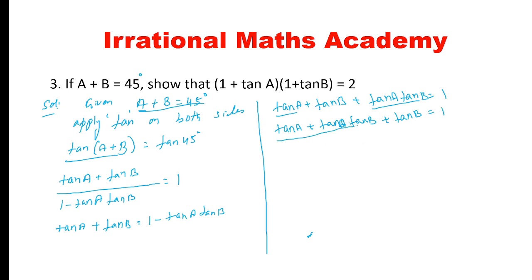I'm taking tan A as common. So how to take common: tan A into 1 you write down here, tan A into tan B is there, right? If I take tan A common, what would be left here? 1 would be left here.